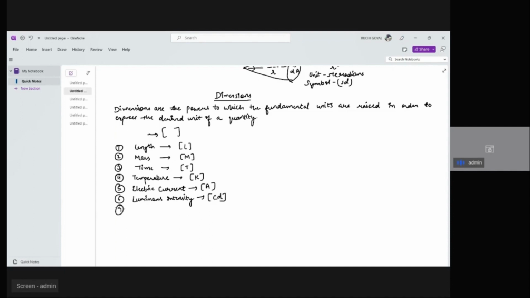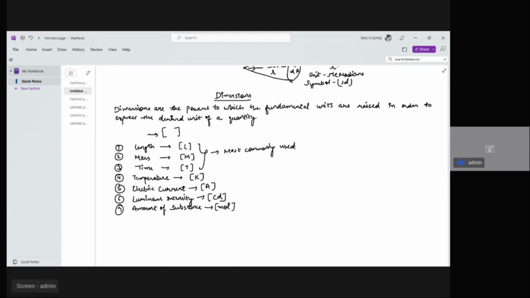And last one is amount of substance. It is denoted by moles, MOL. So these are all the dimensions of the fundamental physical quantities. In all these quantities, these three are most commonly used in deriving the formula of other quantities. Most commonly used dimensions are these, correct?